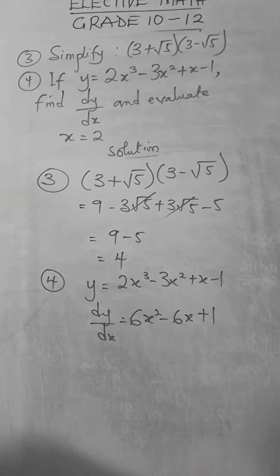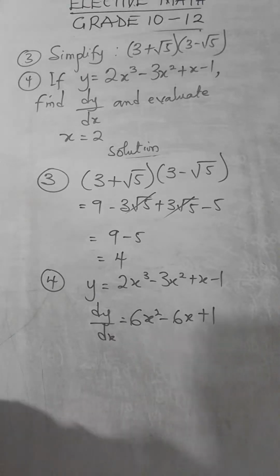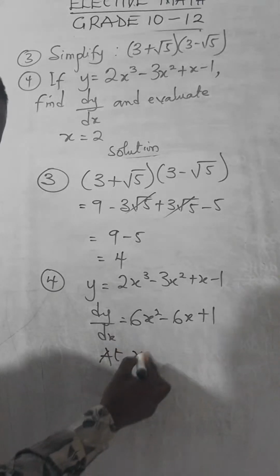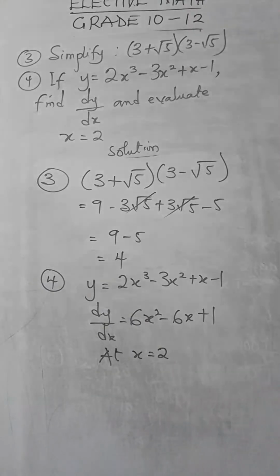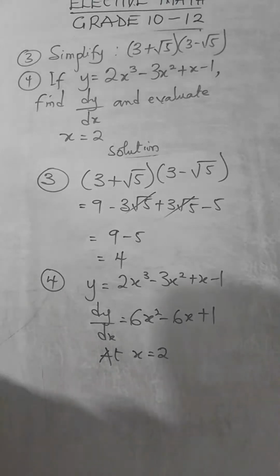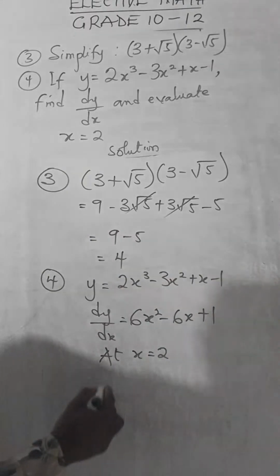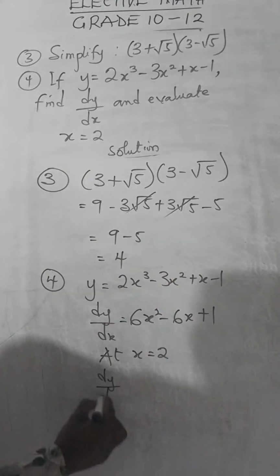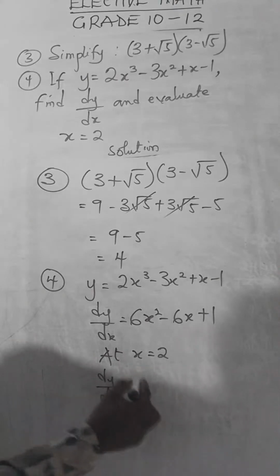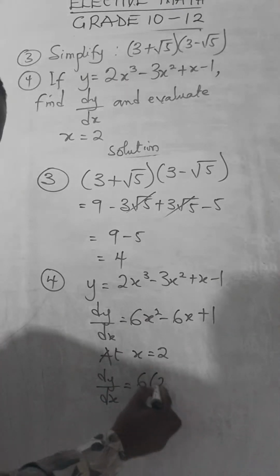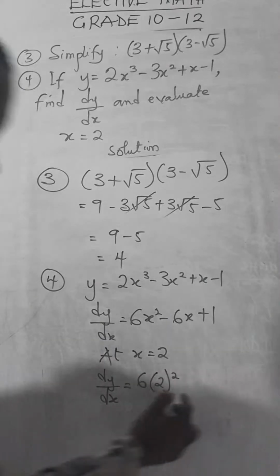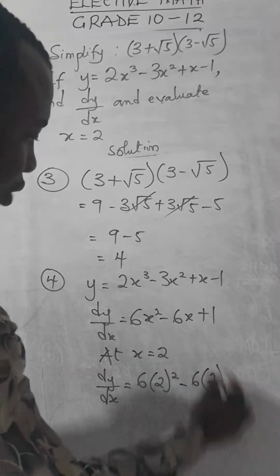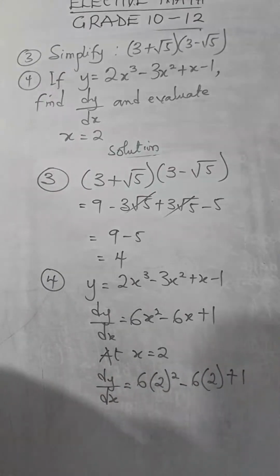But they are saying that you evaluate at x equal to 2. At x equal to 2, you have dy/dx equal to 6 times 2 squared minus 6 times 2 plus 1.